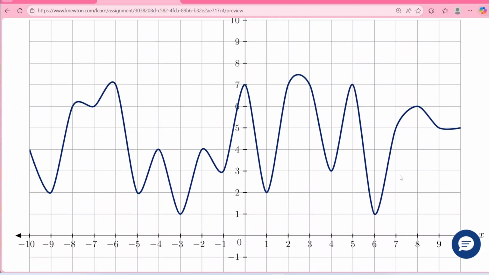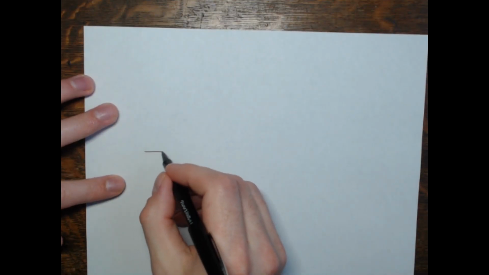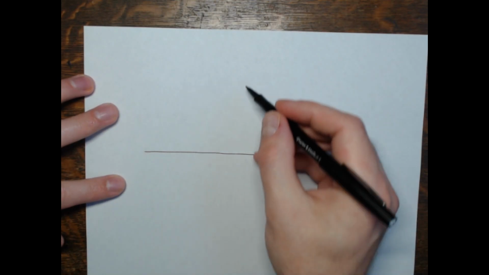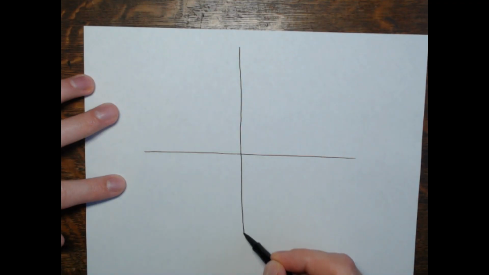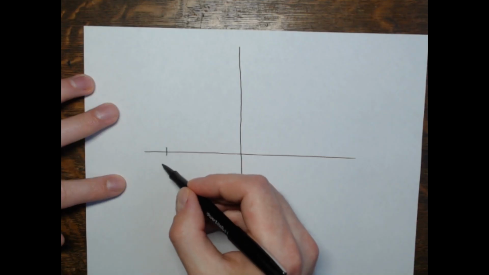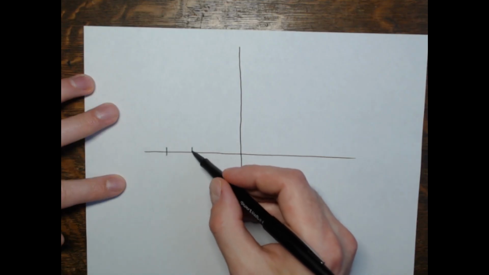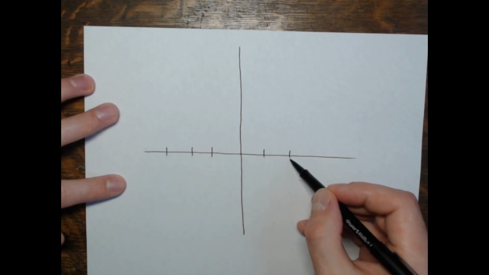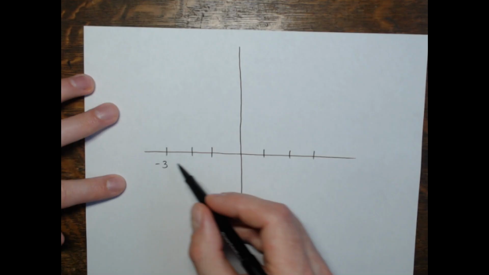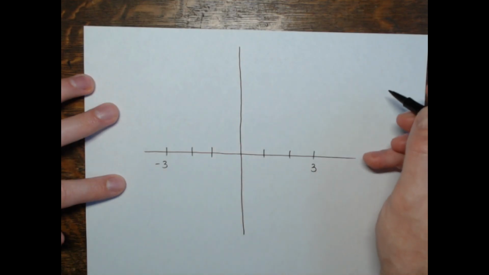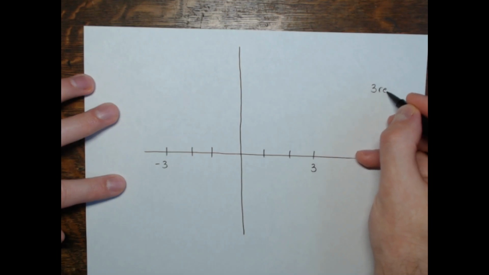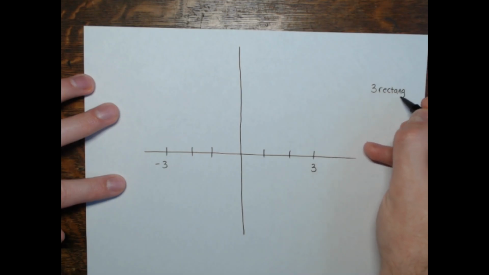All right, so like I did before, I'm going to do my best to roughly draw this on paper. So we have this, again, -3 to 3. And we want to make 3 rectangles, they said.